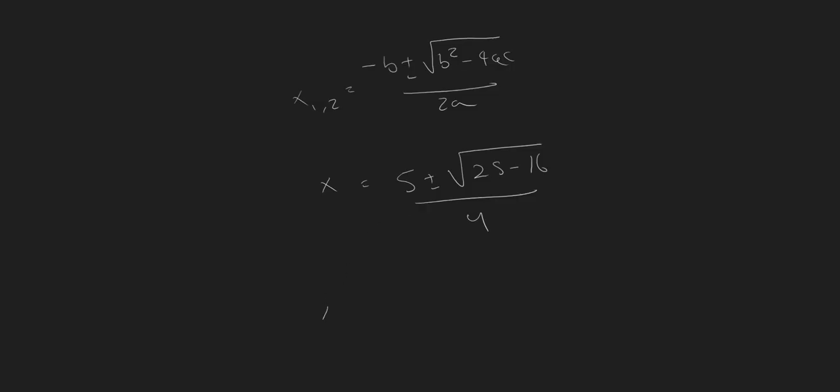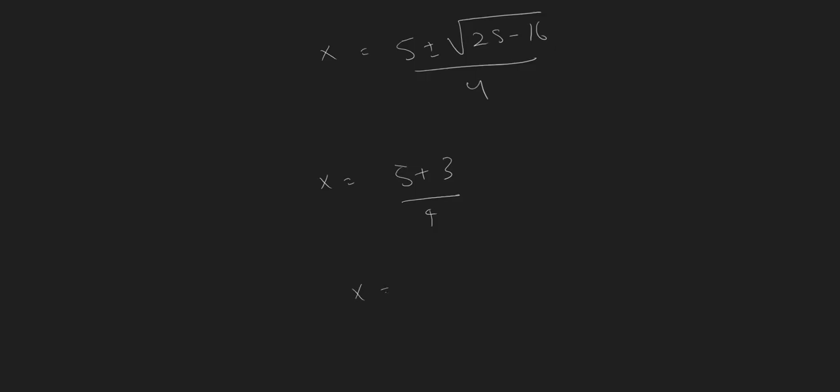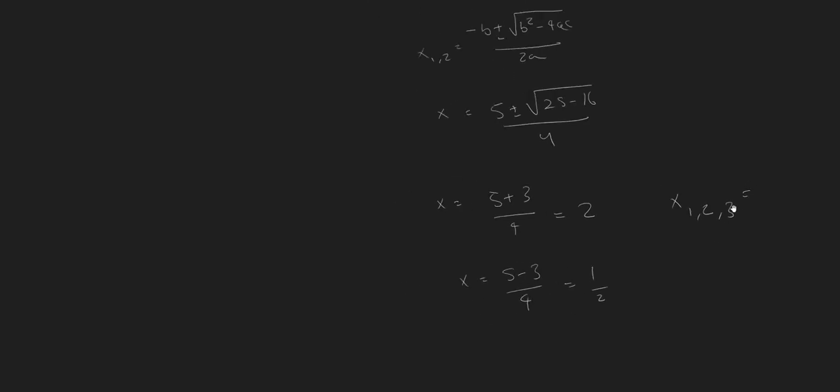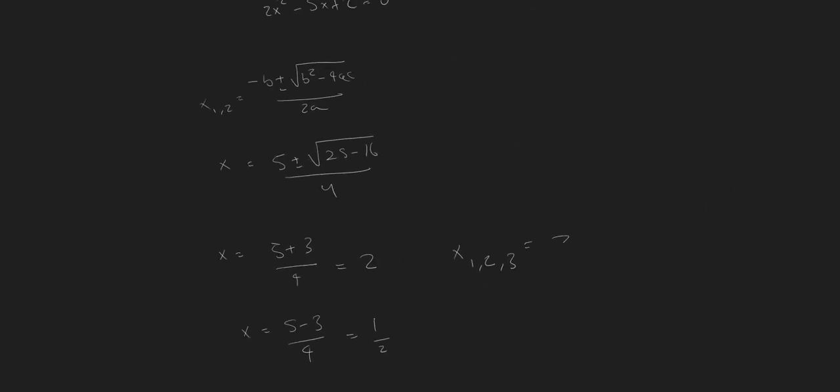So x equals 25 minus 16, 9, square root 3, so 5 plus 3 over 4 and x equals 5 minus 3 over 4. So this is going to be 1 over 2, and this is going to be 2, right? Yeah. So now the final solutions, because we have 1, are 2, 1 over 2, and 1.